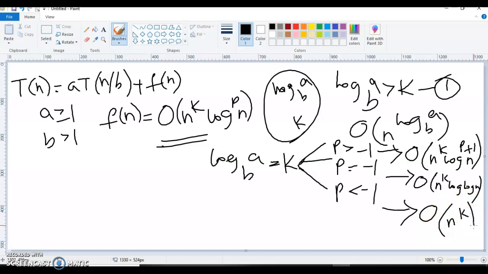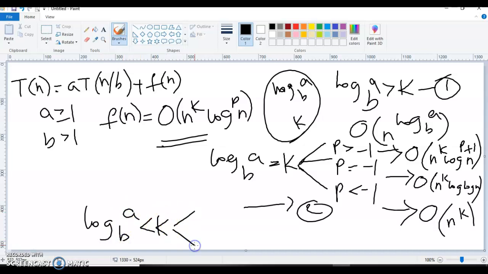When p is less than -1, the general solution is big O of n to the power k. In the place of big O, you can also take big theta, which is gonna tell the average case solution for the algorithm we are taking, and this is all case 2. And there is another case, which is case 3. Here the case depends on the situation that log a base b is less than k.